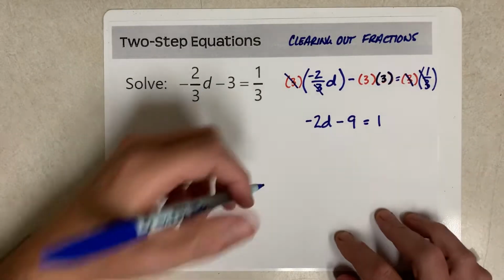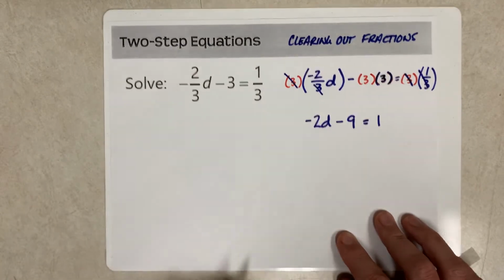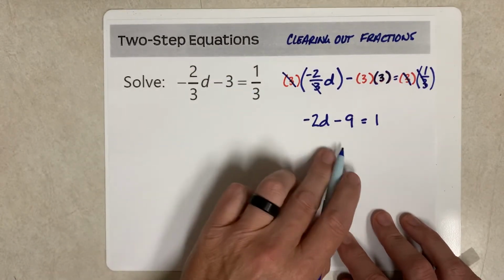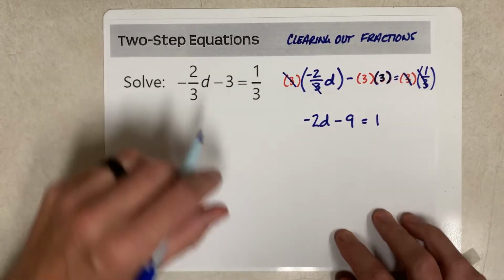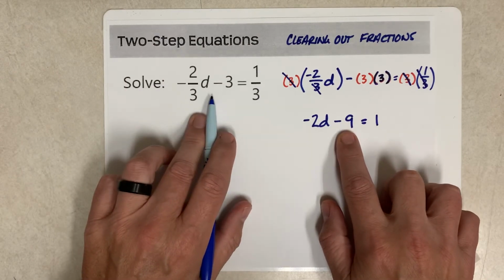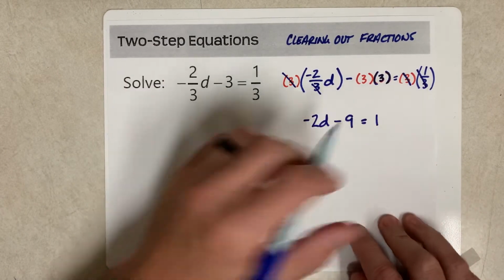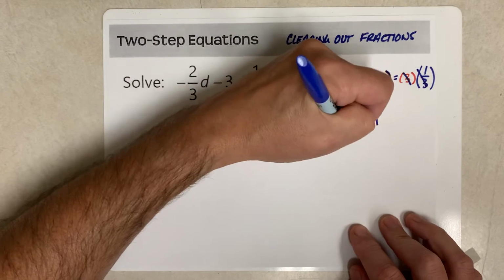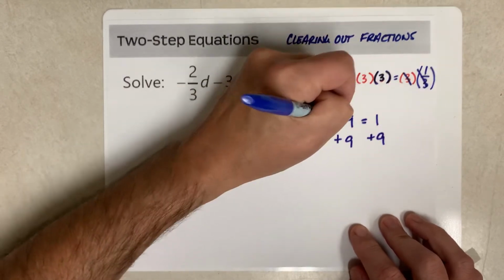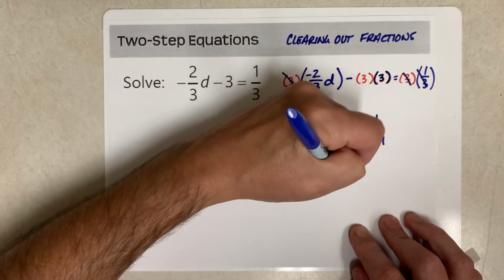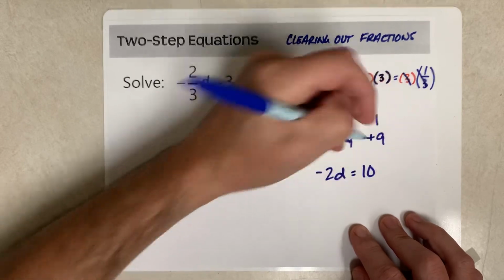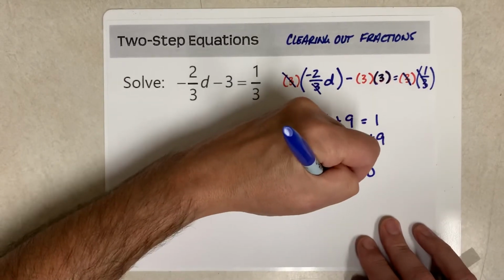I'm now going to have this 2-step equation here. It's still a 2-step equation. It was at the beginning. But this equation and this one should have the same solution. I just cleared out the fractions. They're gone. Add 9. Bring down my negative 2d equals 10. Divide by negative 2.